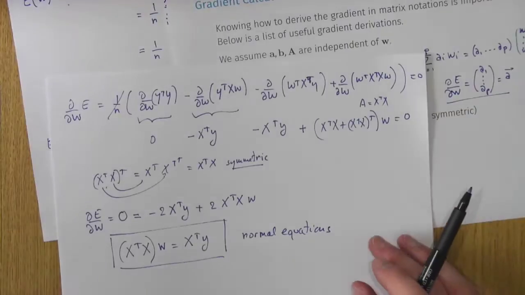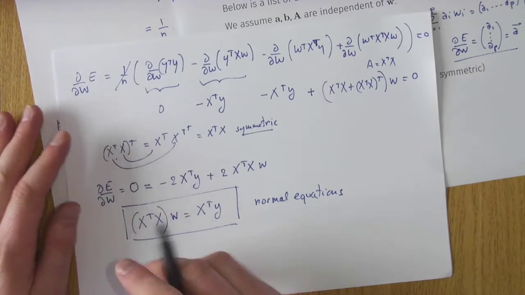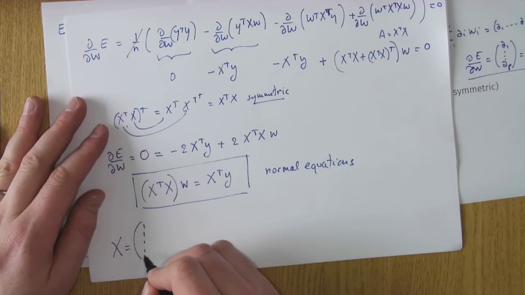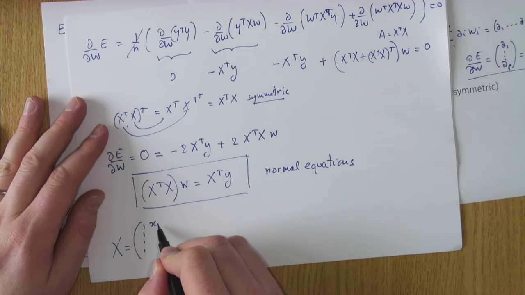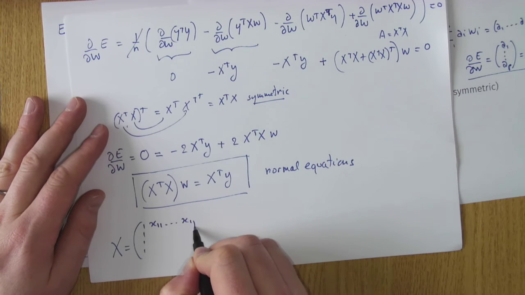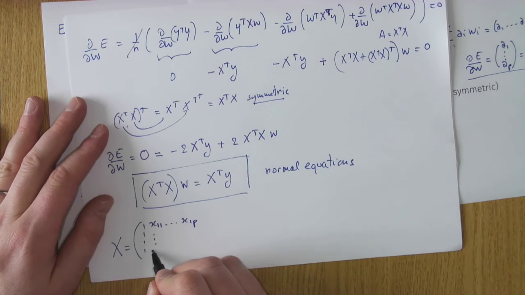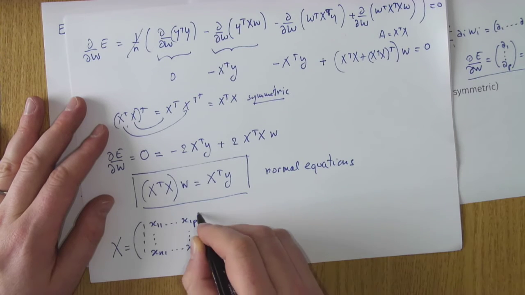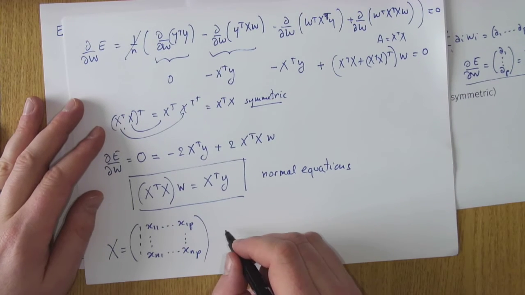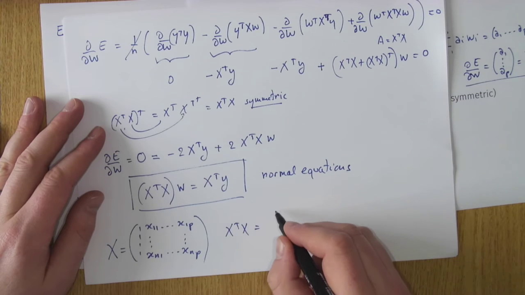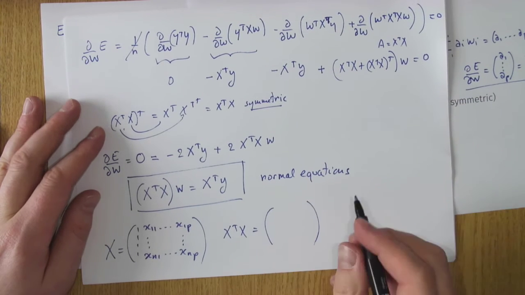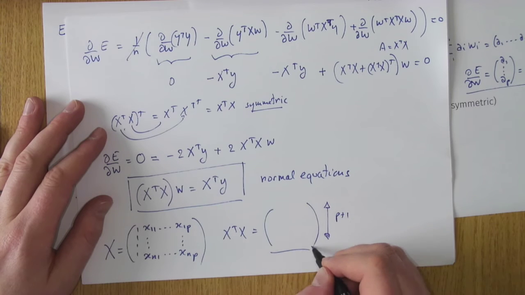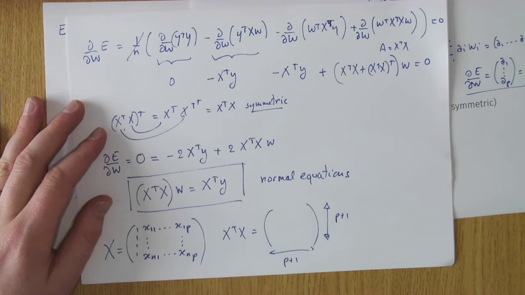Remember that X, your design matrix, looks like this. If you do X transpose X, you obtain a matrix of size P plus 1 by P plus 1.